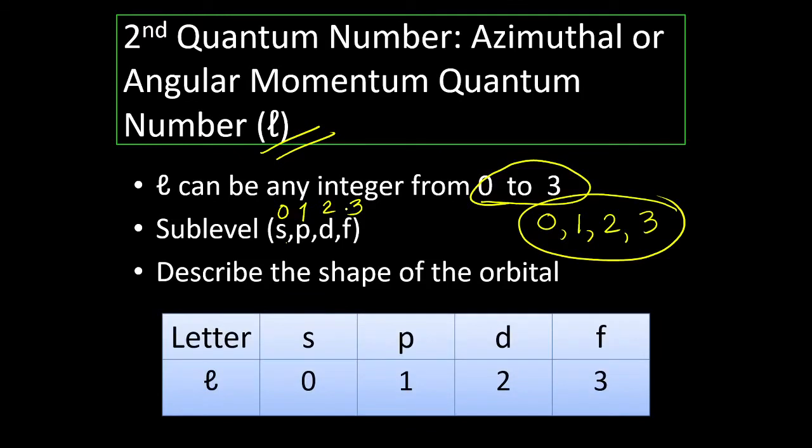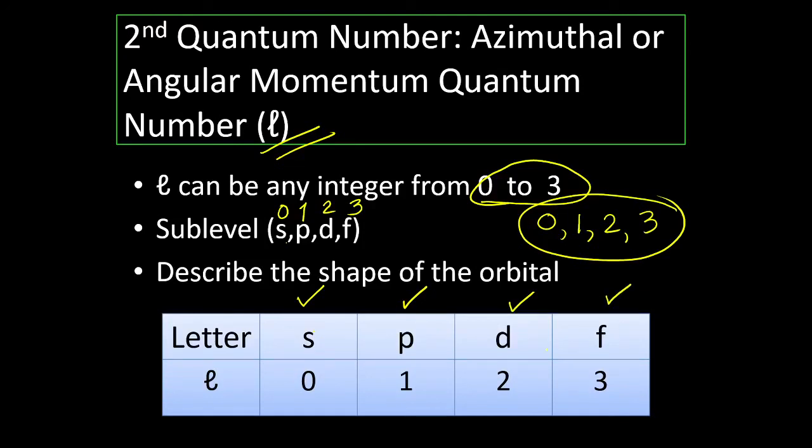If the letter S ang given, pila gani atong angular quantum number? 0. If ang given nako kay P, pilay angular quantum number? 1. D, 2. F, 3. So take note anang mga values.